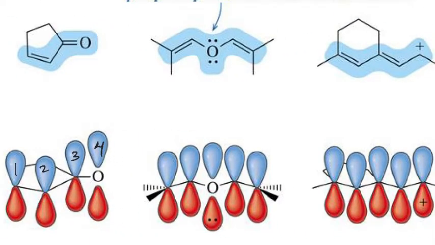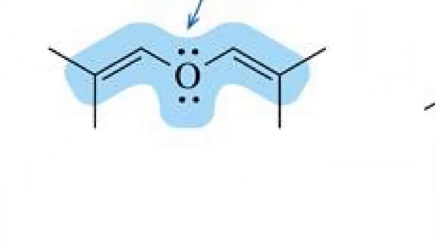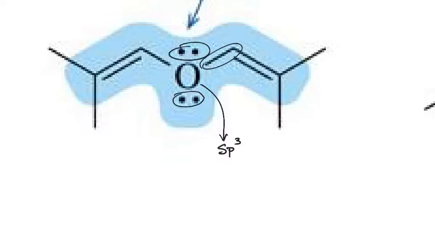Over here we have an oxygen in the middle, and you see that it has a lone pair on the oxygen. Now, if we were to look at this oxygen, you'd say this is sp3 hybridized, because there's electrons coming off in 4 different directions.